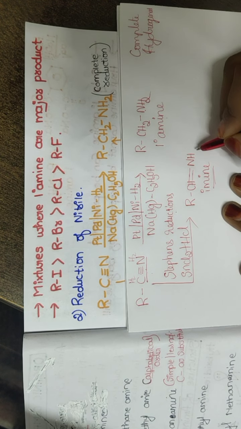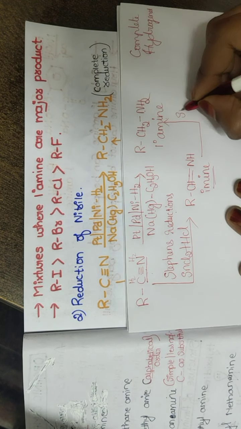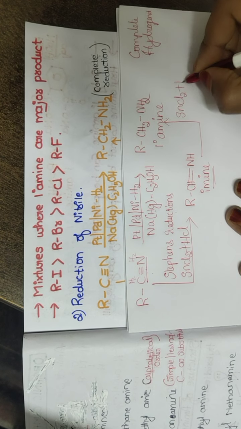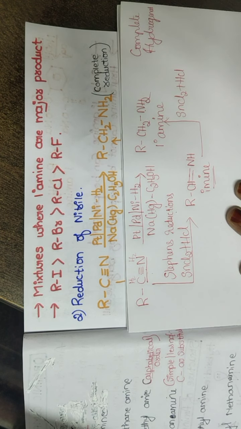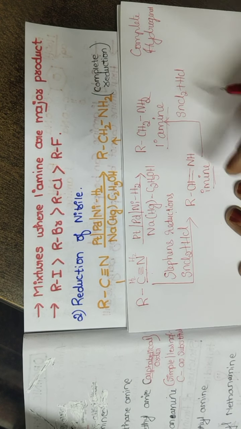Further, if I do a Stephen's reduction for this imine with the same reagent, SnCl2 with HCl, I will end up with a primary amine. But I have to carry out a 2-step reaction here. Why?